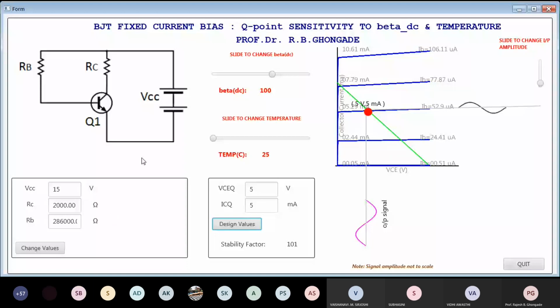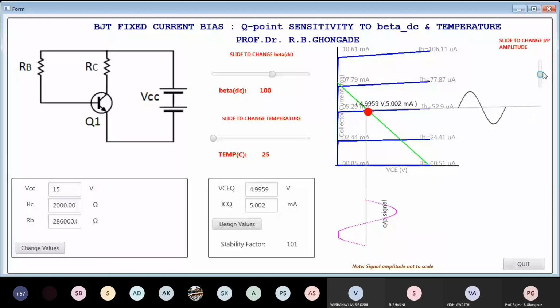Now see where the Q point is located. The Q point is located somewhere, as you can see nicely. Now what happens if your signal changes? Let us say if I change the signal like this, see what is happening. Up to this, no problem.